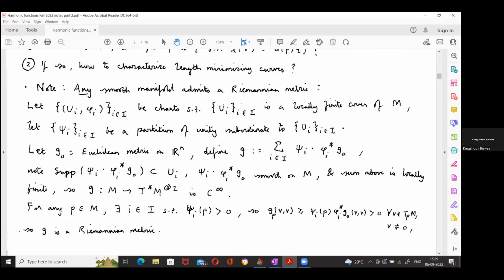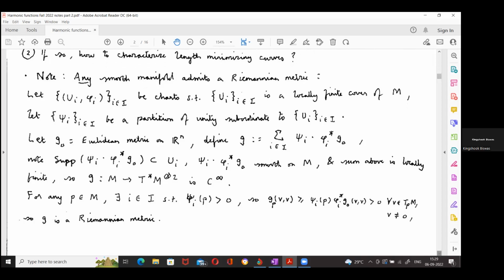Okay. So just by a partition of unity argument, any smooth manifold has a smooth Riemannian metric. I should make one remark. It's not clear whether you can get a real analytic Riemannian metric on a real analytic manifold, because there you can't use a partition of unity.